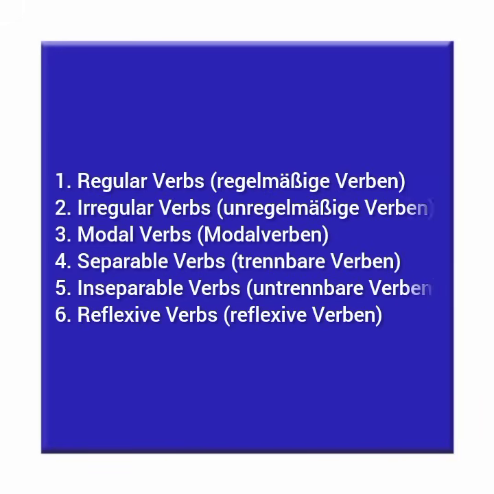We have the regular verbs, which we call regelmäßige Verben. Then you will also get the chance to see the irregular verbs, which we call unregelmäßige Verben. Number 3, you will see the modal verbs.